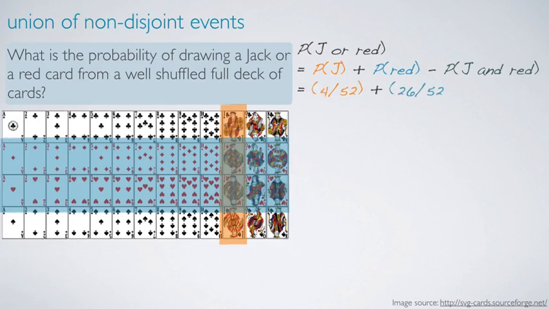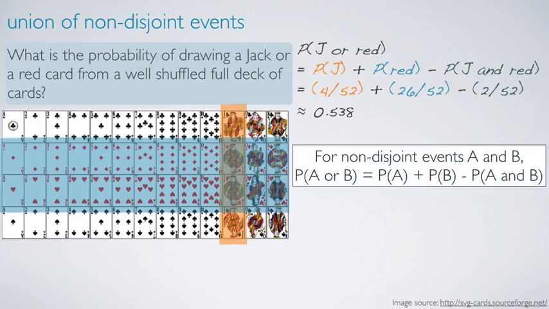The probability of a jack is 4 over 52. The probability of a red card is 26 over 52, and the joint probability is 2 over 52, since we have 2 cards that meet both criteria out of the 52 cards in the full deck. This results in an overall probability of approximately 0.538, or about 54%.